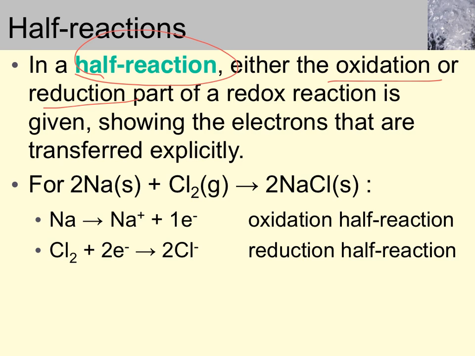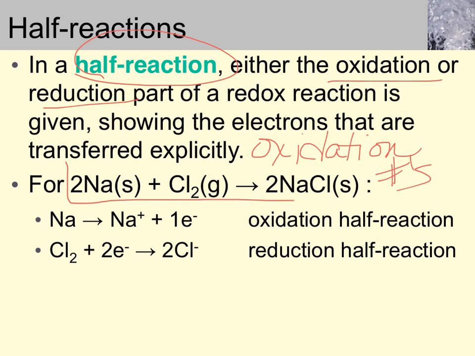In order to do that, you want to assign what we call oxidation numbers to every single element in the reaction. In a few slides I'll go over that. But to give you the basic concept, take the same reaction I talked about before, formation of sodium chloride from the elements, and break it into the oxidation and reduction half reactions. This one again is easy to see: sodium has given up an electron.